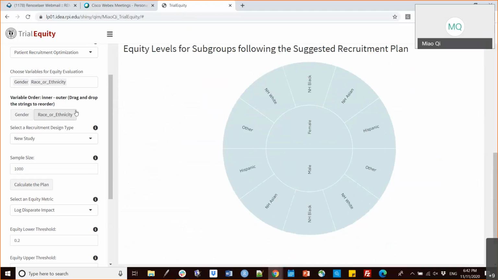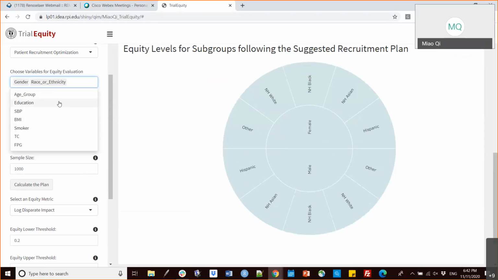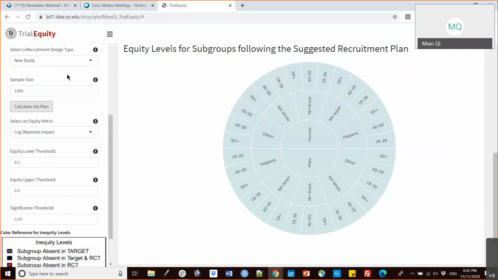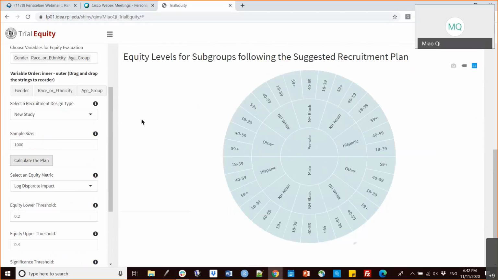Actually for this one, it's hard to explain, but yeah, maybe I can. So for example, if we have three different protected attributes, this level means the female group, and this one means the non-Hispanic Black female group, and this one means the non-Hispanic Black females aged between 40 to 59.